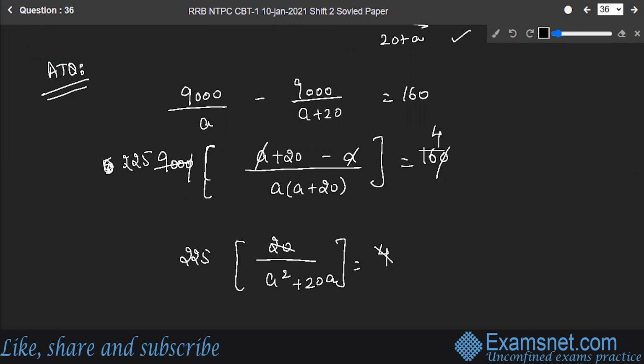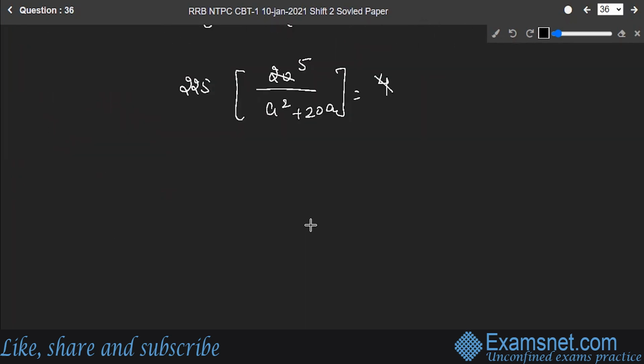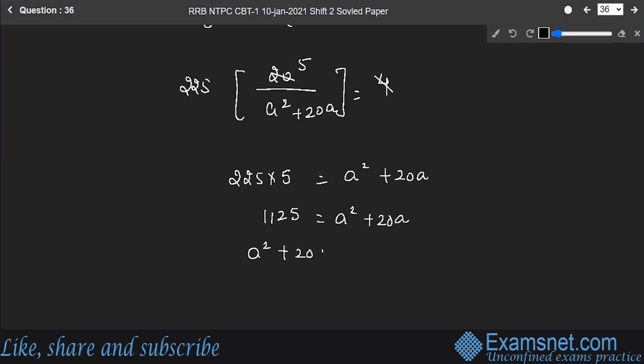Now this 4 and this will cancel at 5. So you have 225 multiplied by 5 is equal to A square plus 20A. This is equal to 1125 is equal to A square plus 20A, or A square plus 20A minus 1125 is equal to 0. You have to factorize it.